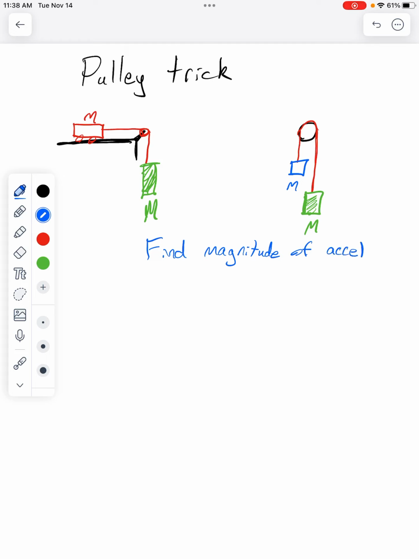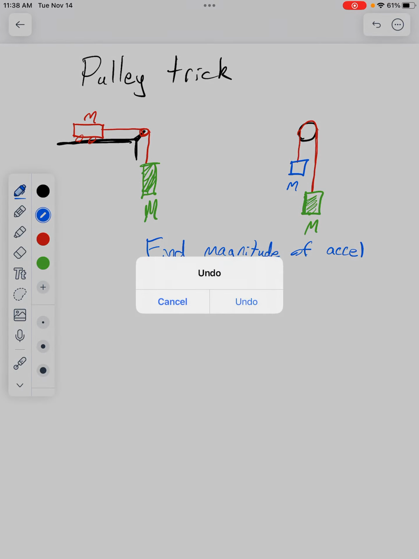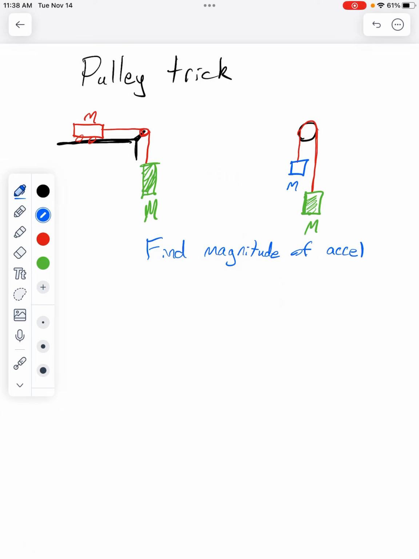Okay, well, we related some constraints. We saw that the acceleration of little m in the x direction was the same as that magnitude we were looking for. This is using our standard coordinate system.